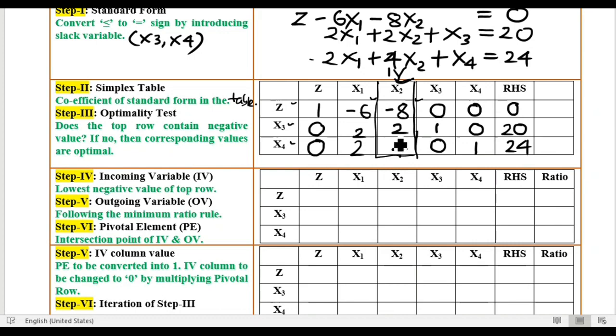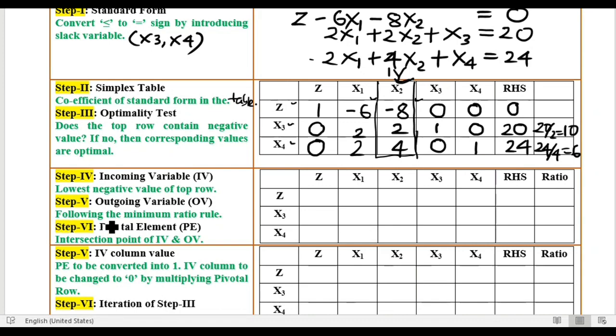Now we'll find the ratio here. We divide the RHS value by the x2 coefficient: 20 divided by 2 equals 10, and 24 divided by 4 equals 6.